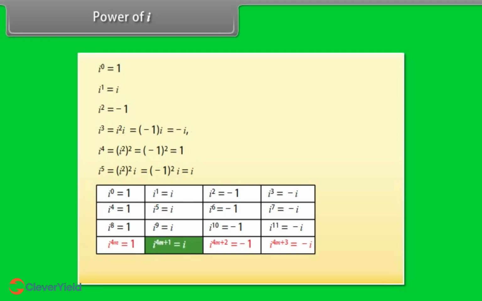Iota raised to power 4m plus 1 is equal to iota. Iota raised to power 4m plus 2 is equal to minus 1. Iota raised to power 4m plus 3 is equal to minus iota, where m is equal to 0, 1, 2, 3 and so on.